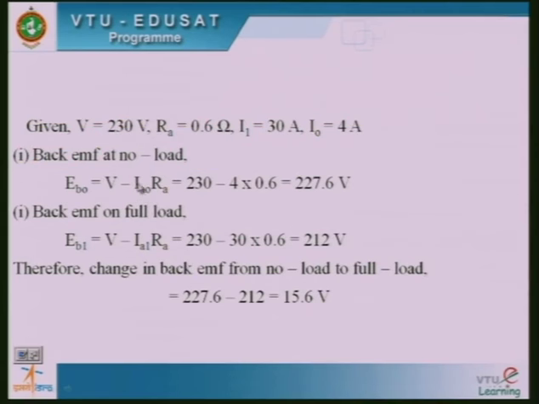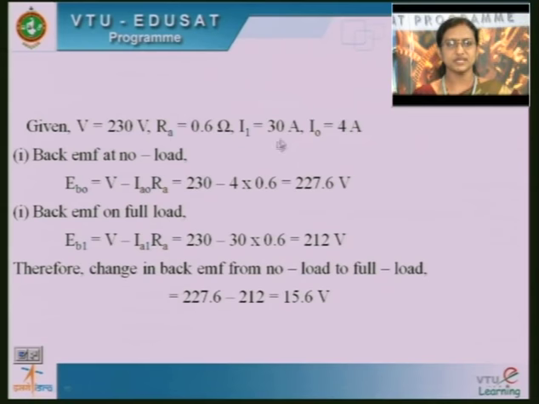Here you see that the armature current at no load is given as 4 ampere, and the armature current at full load is given as 30 ampere. Since the armature current is changed, the back EMF will also change. So, use the equation EB is equal to V minus IA RA to calculate the back EMF under both conditions. Under no load condition, EB0 is equal to V minus IA0 RA, and we are getting 227.6 volts.